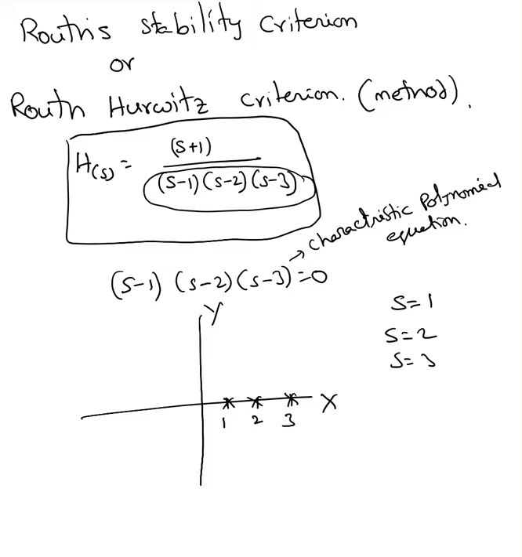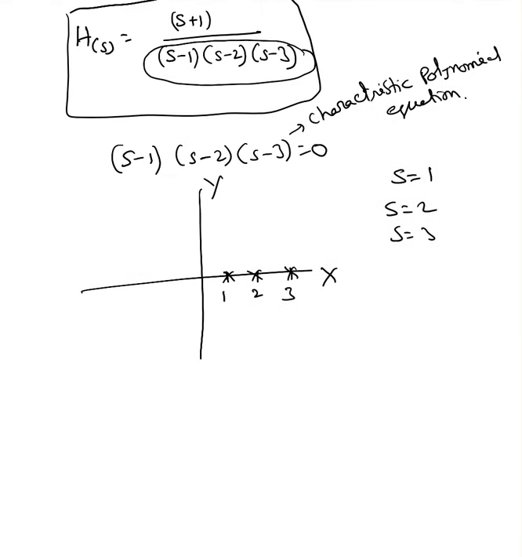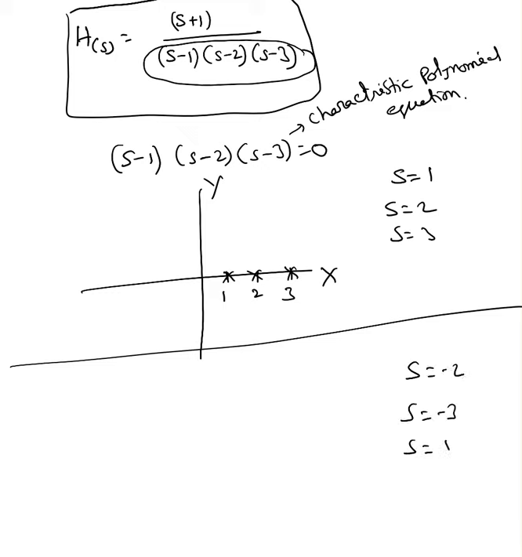So basically, if you build a circuit, okay, and that circuit has a pole and that circuit has a transfer function like this, and at least one of the poles, need not be all the poles, even one pole. So in another case, say for example, let me write down another case, s equal to minus 2, s equal to minus 3, s equal to 1.